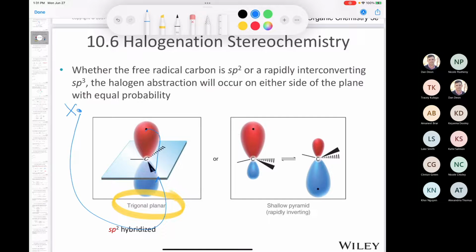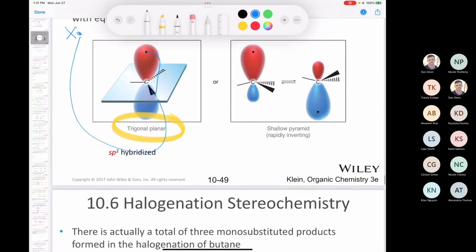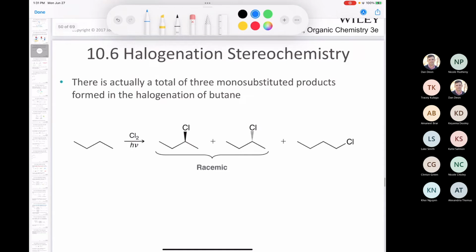And that's why you end up with a racemic mixture. So if you try to chlorinate butane, you end up with 3 possible products. You get a racemic mixture at carbon number 2, and then you also end up with 1-chlorobutane as well.